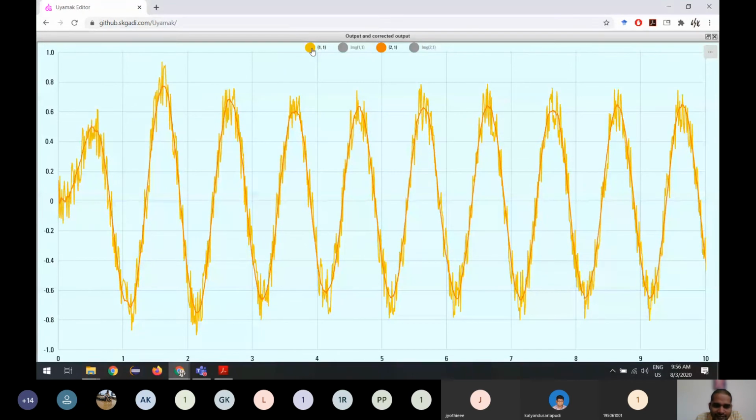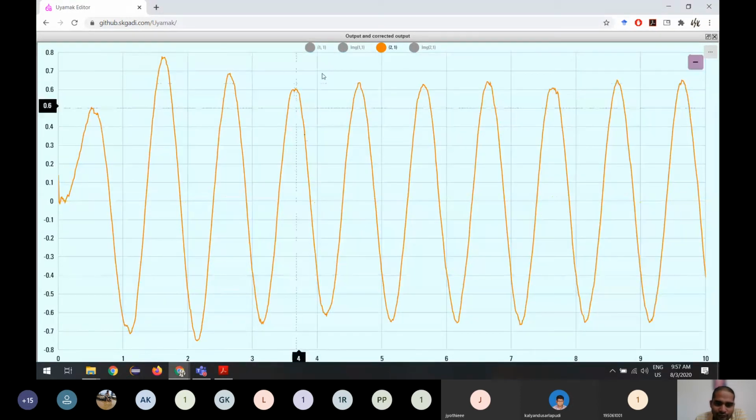So what we can say is, instead of applying a simple low pass filter to reduce the noise, it is more useful for us to apply Kalman filter, because if you apply a low pass filter, there will be a phase difference and you are adding some dynamics to it. But if you apply Kalman filter, even if it is noisy output, you can get a lot of information from it.